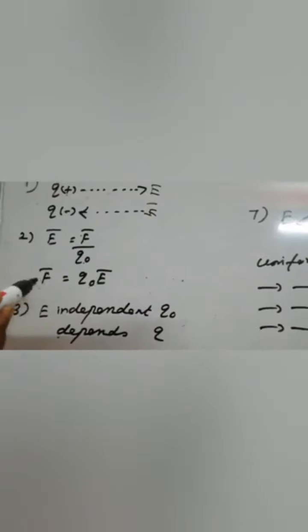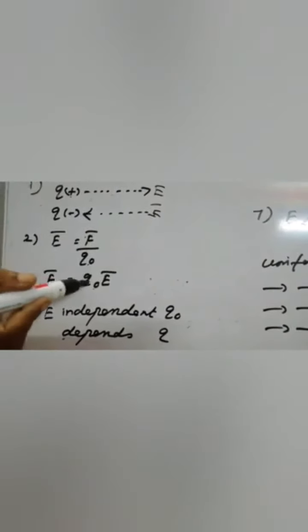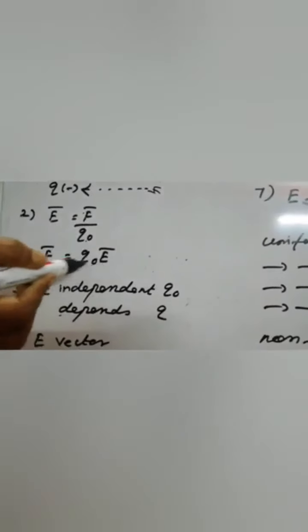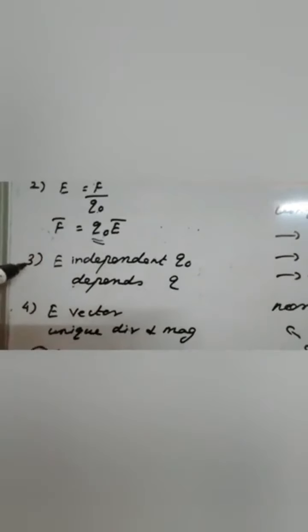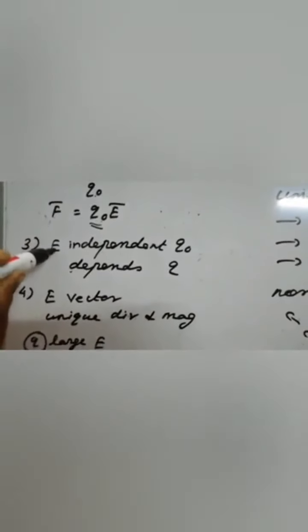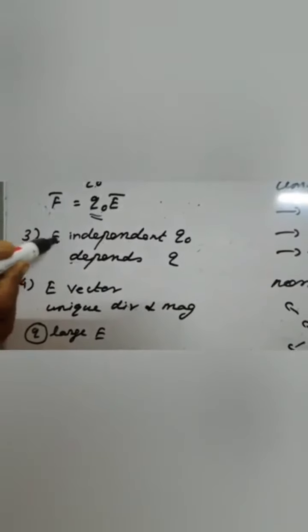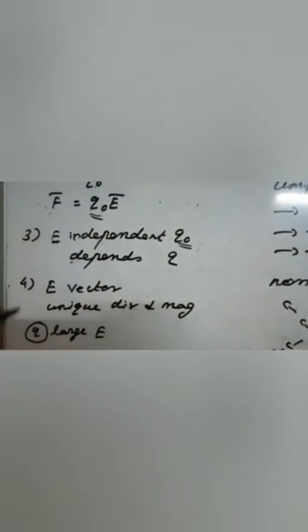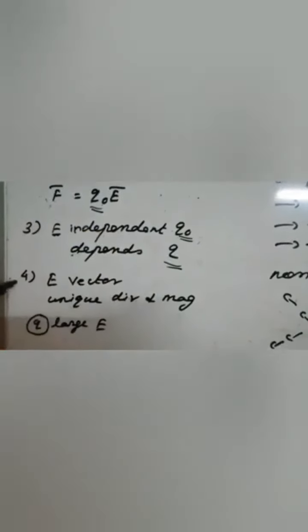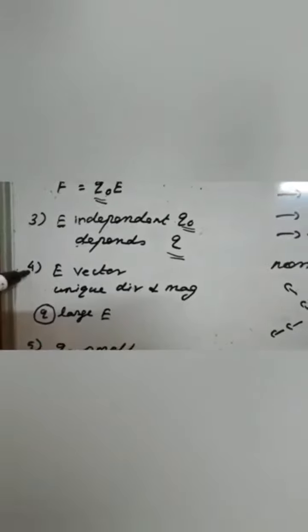The force experienced in this electric field is equal to the product of the electric field and the test charge. Third point: the electric field is independent of the test charge, but it always depends on the source charge Q.